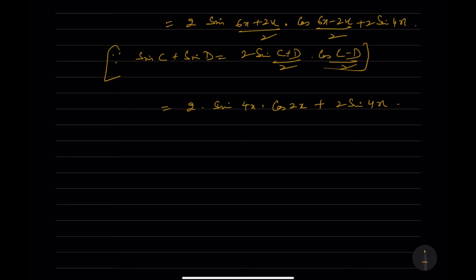Now sin 4x we can take out common in both of them. So we are going to get 2 sin 4x, because 2 is also common. It will become (cos 2x plus 1).